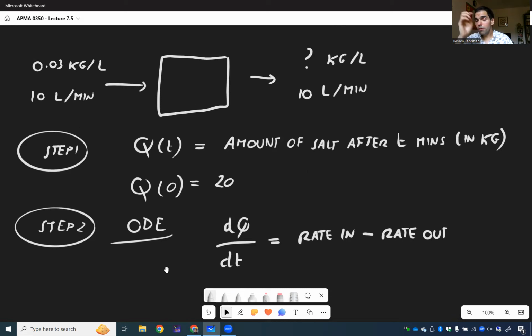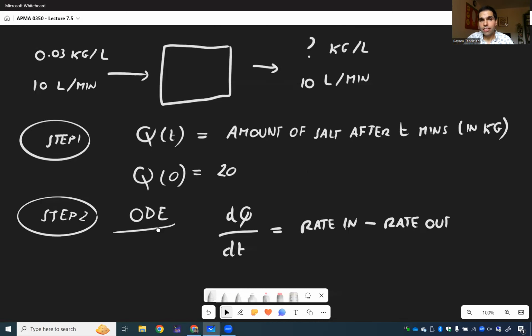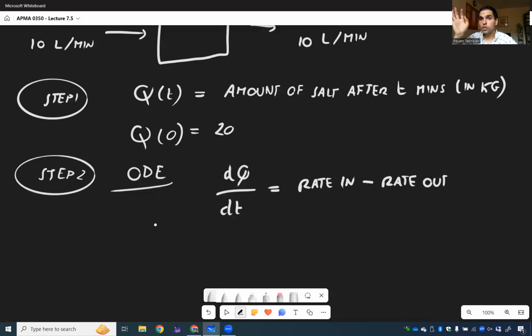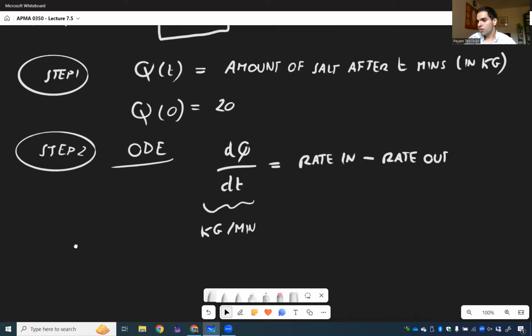Now, let's see how much goes in. Notice Q is in kilograms, so dQ/dt is in kilograms per minute. So when you want the rate in, you want something in kilograms per minute.